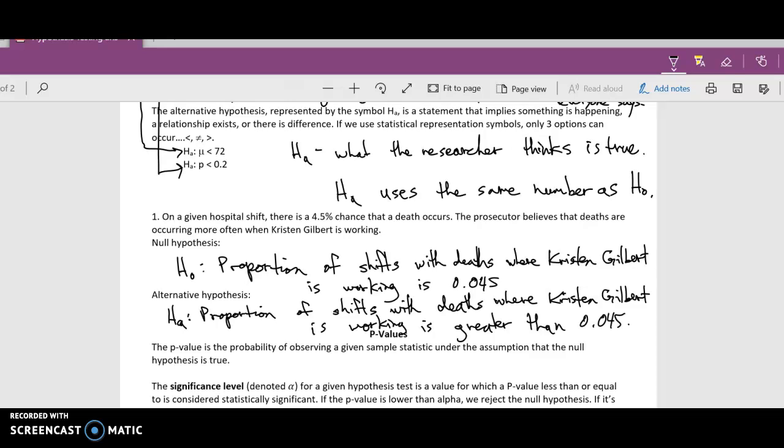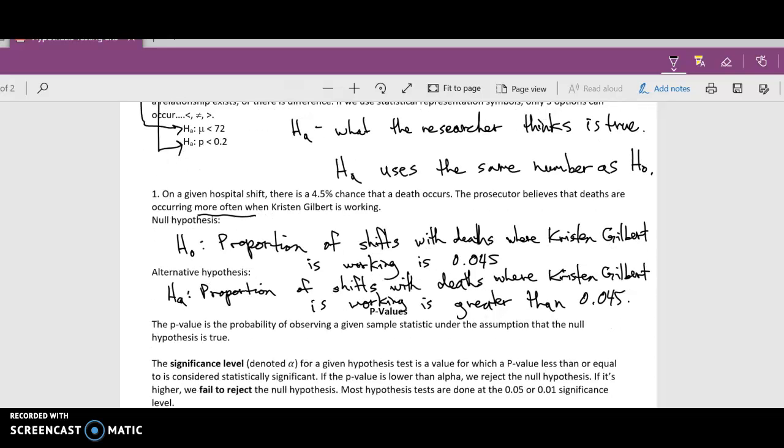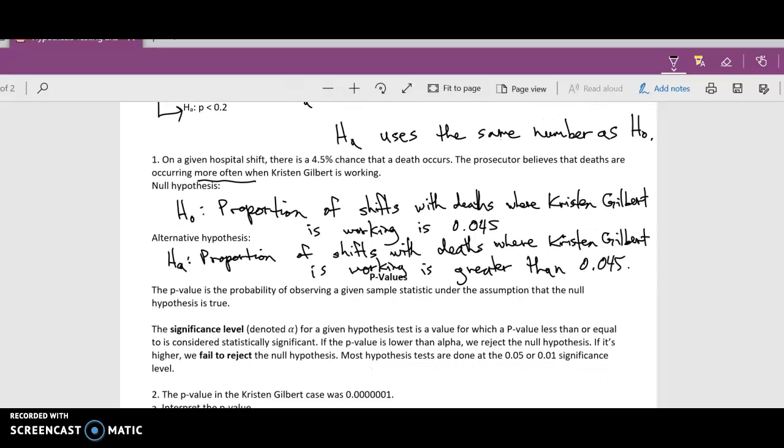Why greater than? Well, that's what we believe is happening more often, meaning the proportion is higher than 0.045.